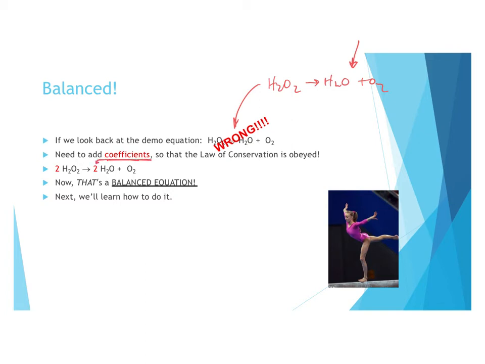We put numbers out in front of each of our substances so that the law of conservation is obeyed. What that does is it changes everything that we have after that and multiplies it by the number in the coefficient. So that's a balanced equation. Let me show you how that worked out for us.